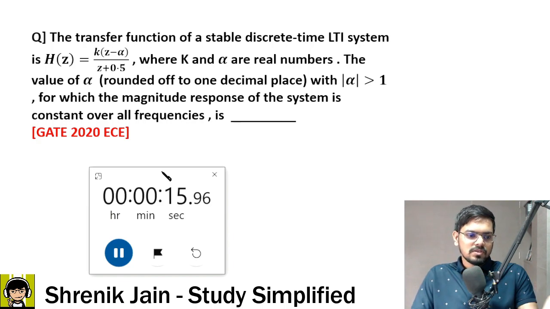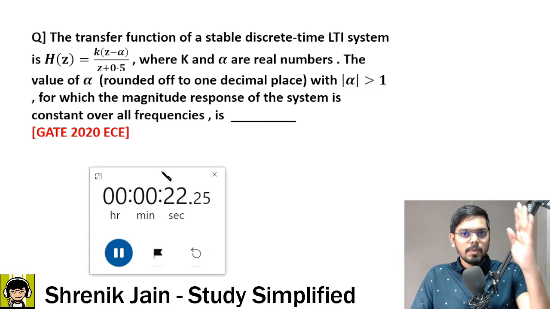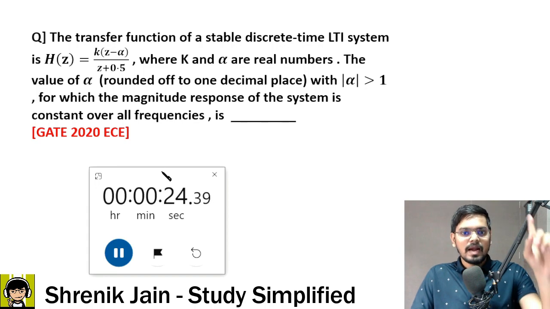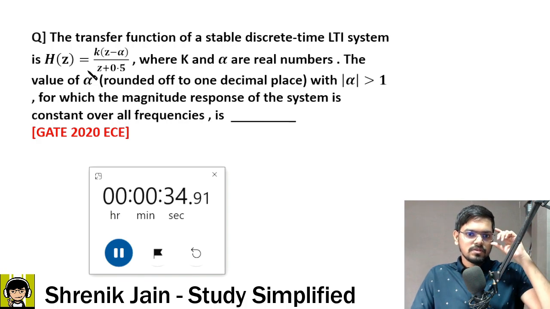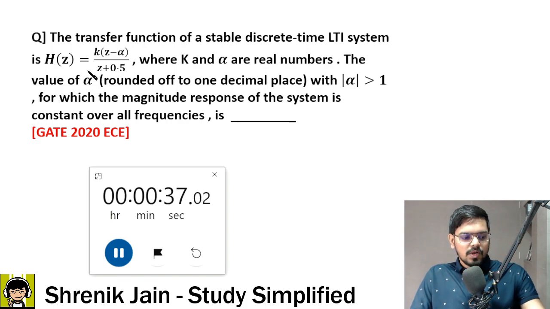In Laplace transform you have studied one property, that poles and zeros are mirror of each other about the j omega axis. But that was in the Laplace transform. Here we have Z transform, so the scenario is different and the property would be a little bit different. But there is again some relationship between poles and zeros. What is that relationship? Check it out.